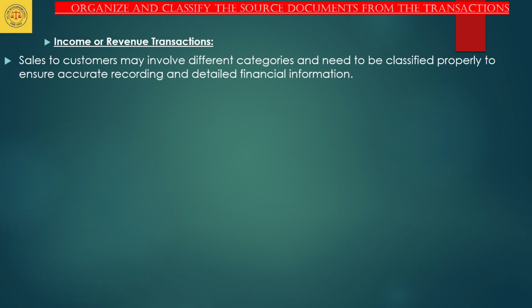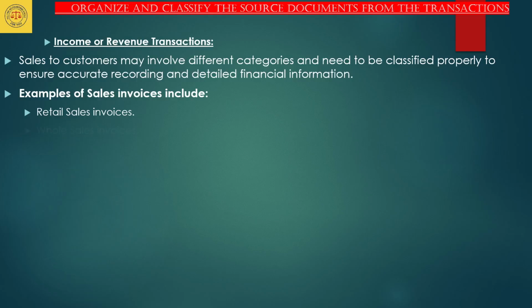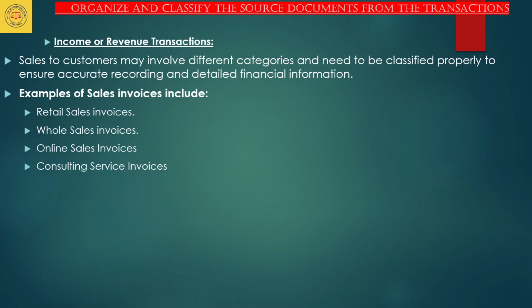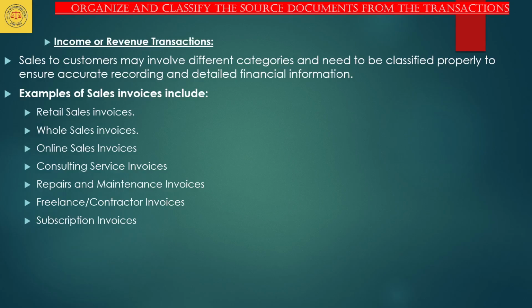Sales to customers may involve different categories and need to be classified properly to ensure accurate recording and detailed financial information, right? Examples of sales invoices include retail sales invoice, wholesale invoice, online sales invoices, consulting service invoices, repairs and maintenance invoices, freelance or contractor invoices, subscription invoices, utility invoices, export invoices, right? Or import invoices, why not?